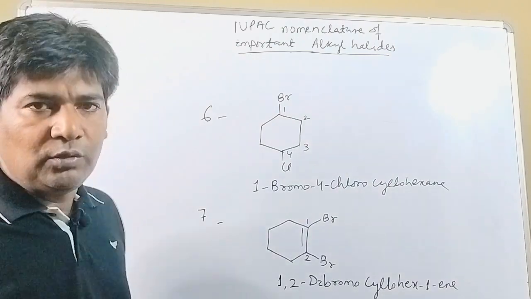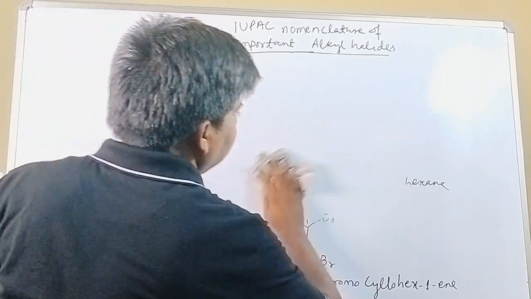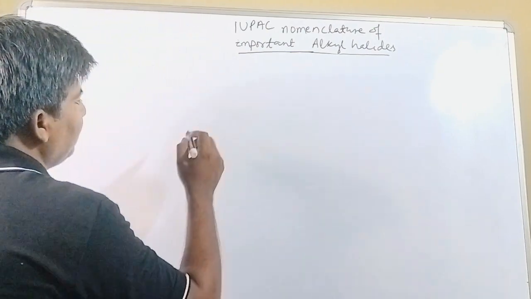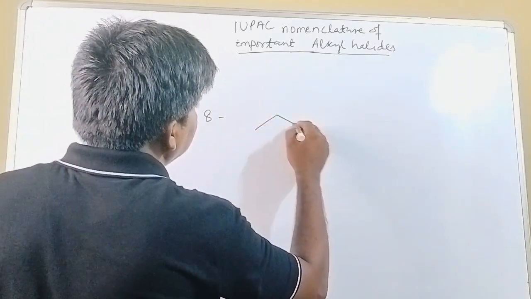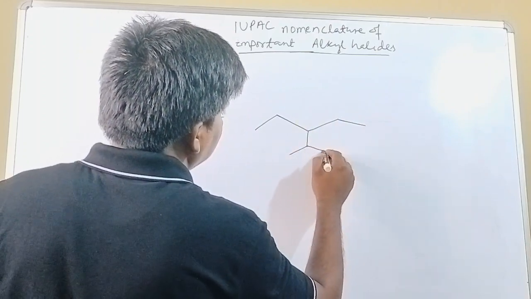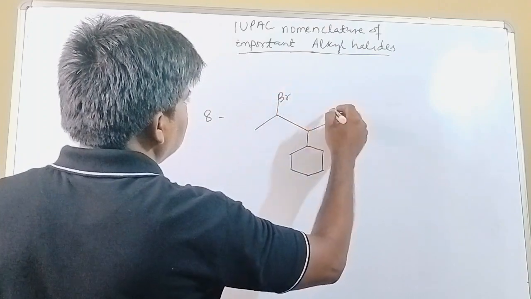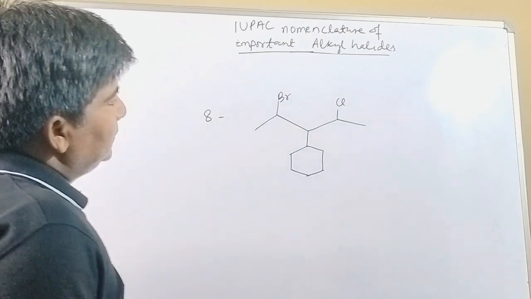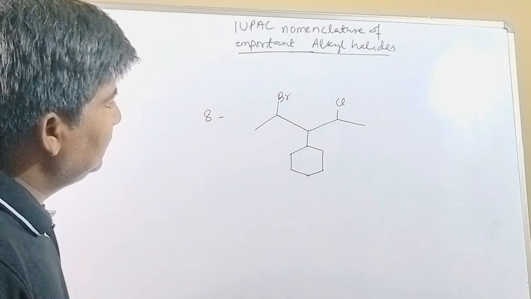So let us give one more important example. So this is a substituted alkane having 3 substituents. What are the substituents here?